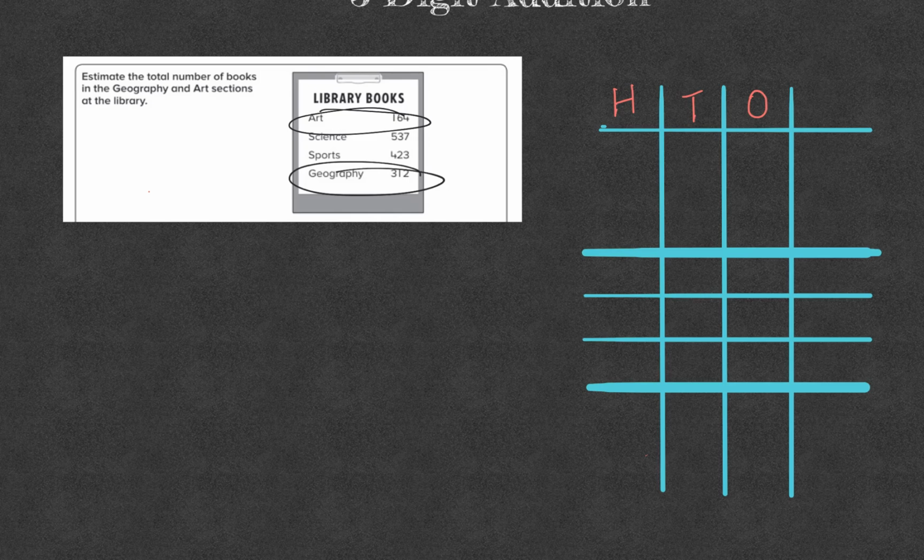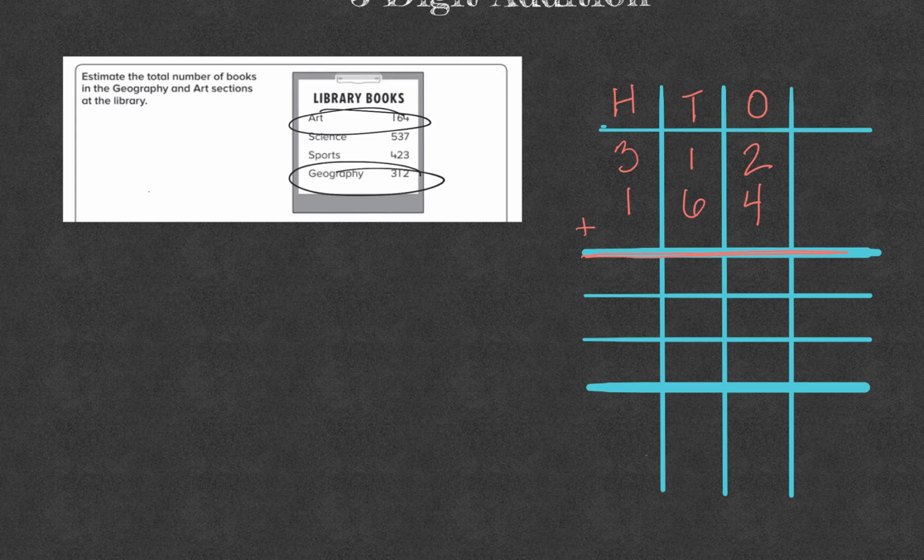Now I'm going to stack my equation just like a vertically stacked 3-digit addition equation. So I'm going to put 312 in, and then I'm going to put 164 in, add my addition symbol, and then right here is that equal sign.